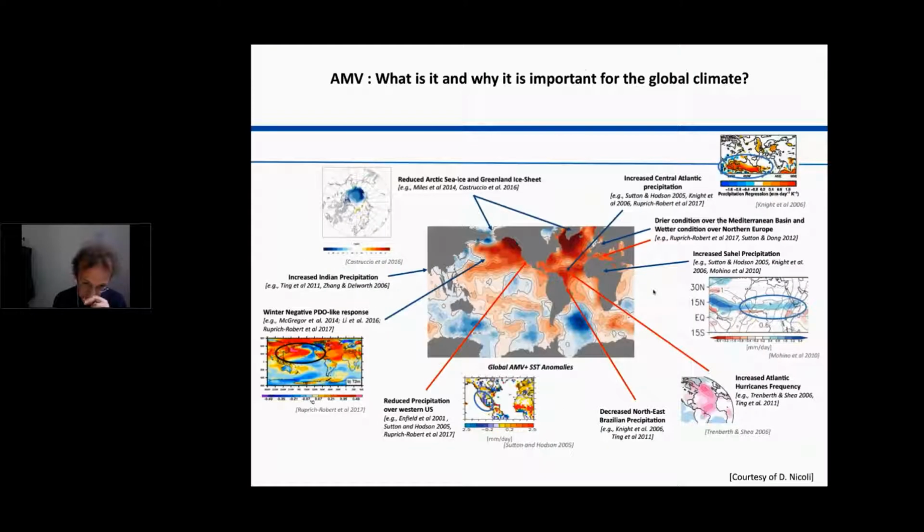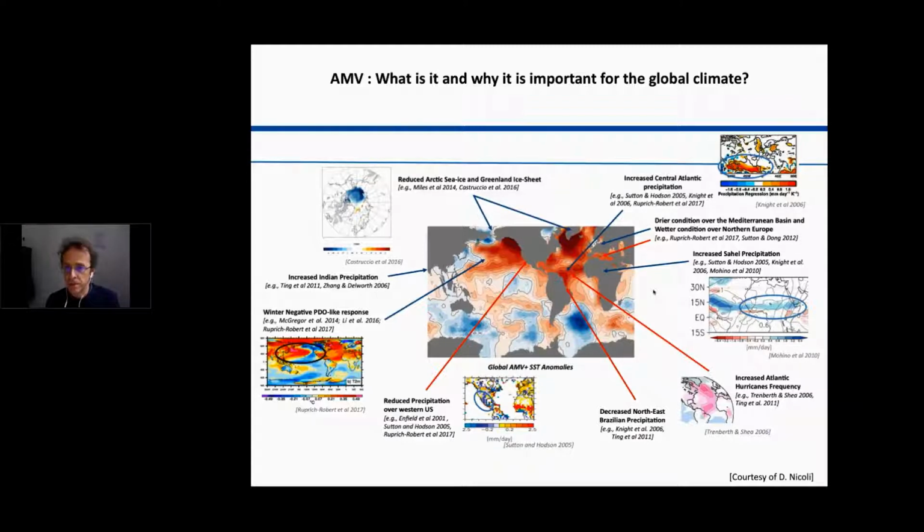The reason why it is so relevant for the global climate is that it has been found to have a number of different impacts over the global climate. Studies show that during a positive phase of this variability mode, there is increased Sahel precipitation, for example, which clearly has societal implications. And there are impacts all over the world, including the European climate.